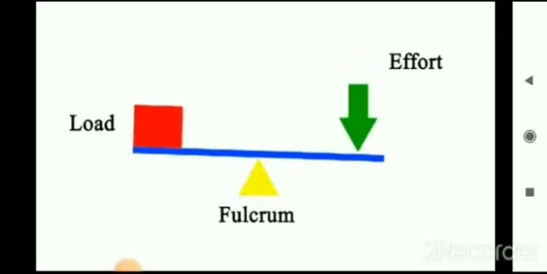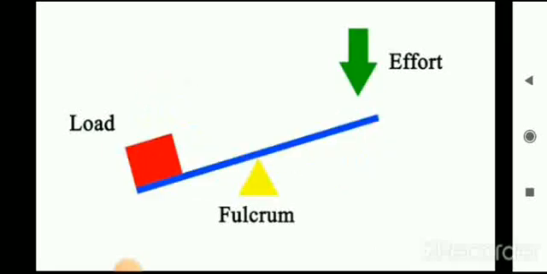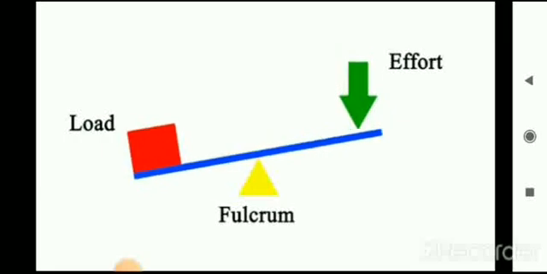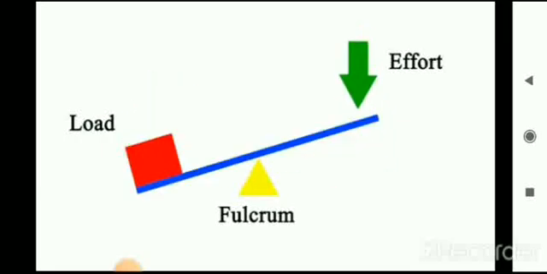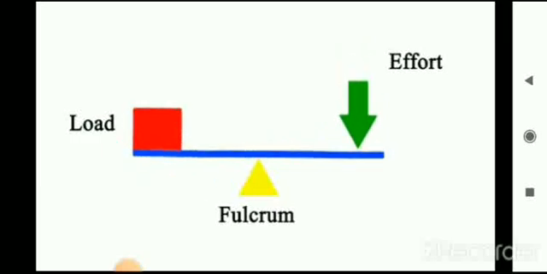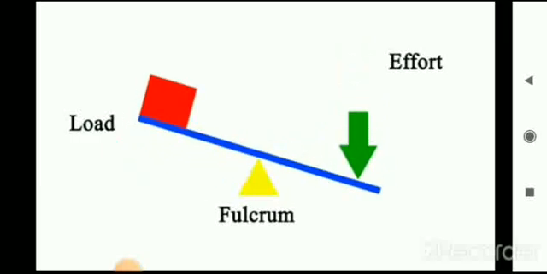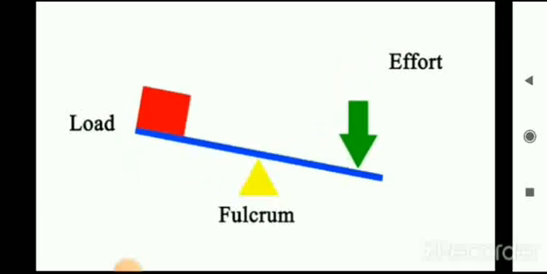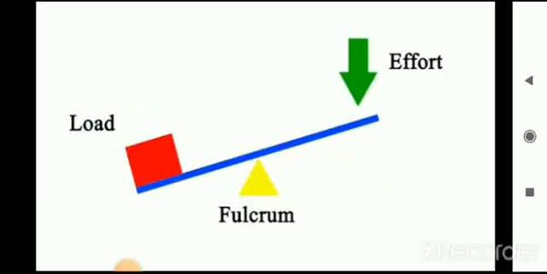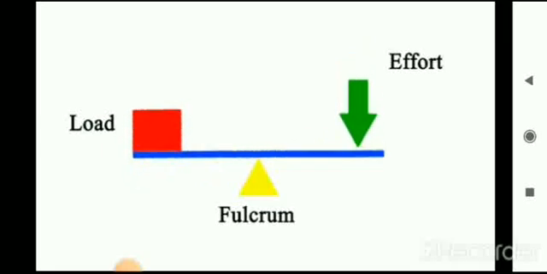And on the right side you can see the force that we are applying on the lever, it is called effort. And when the effort is applied, what is happening? The thing that we want to move is put on the other side, that is known as load. Clear?